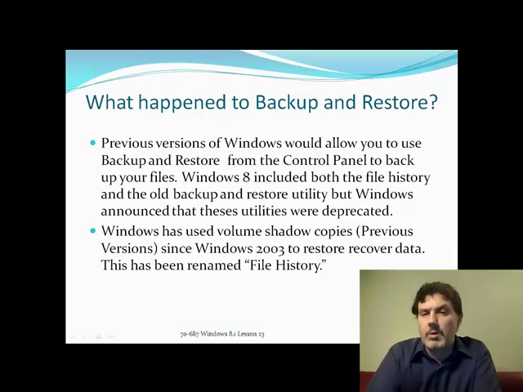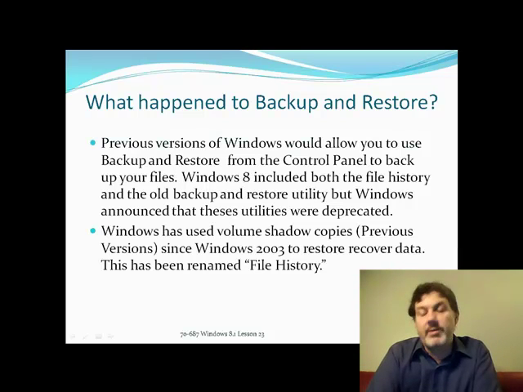So what happened? Well, Windows 8 actually should have been a clue as to what was going to happen, because Windows 8 included both the file history utility and the old backup and restore utility. But even back when Windows 8 first came out, Windows did announce that they consider those utilities deprecated and no longer functional for the future versions of Windows.